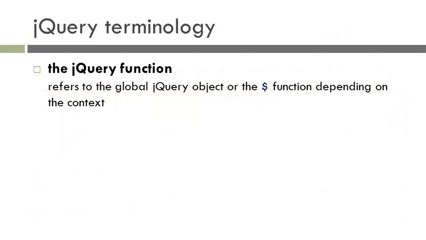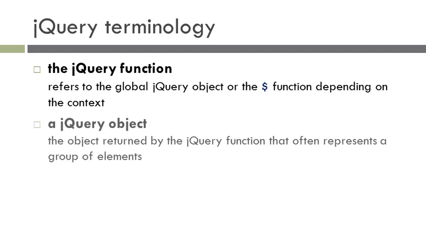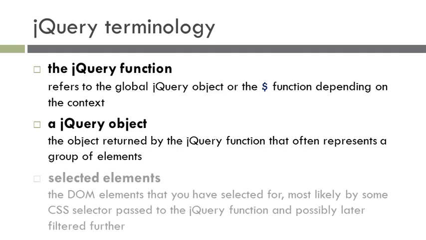Now before moving on, it might be helpful to talk about some terminology used in jQuery. The jQuery function either refers to the $ function or the global jQuery object. A jQuery object is the object returned by the jQuery function that often represents a group of elements.